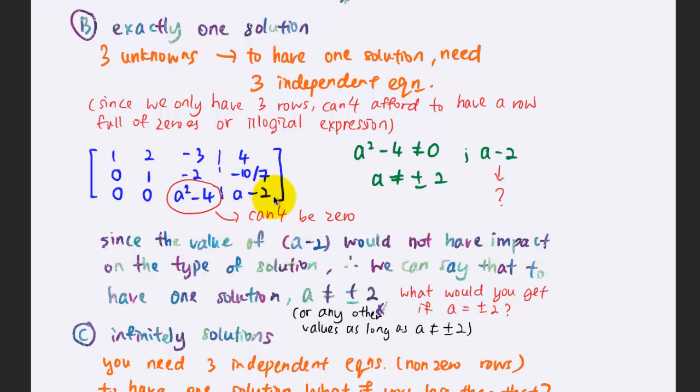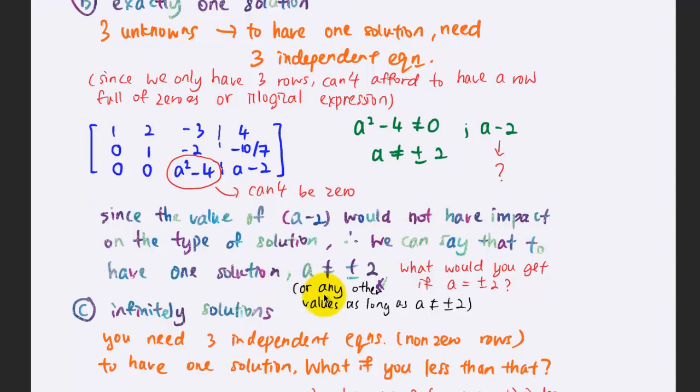Hence we can say that to have one solution, A must not be plus or minus 2. I can say it another way: A can be any other value as long as it is not 2 or negative 2. You want to confirm whether this answer is correct or not. What would you get if A is plus 2 or negative 2? I will leave it for you to work out.